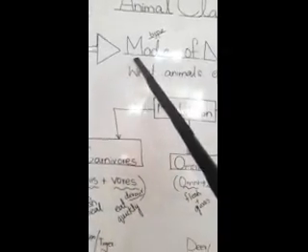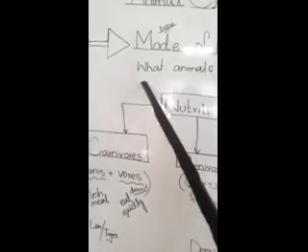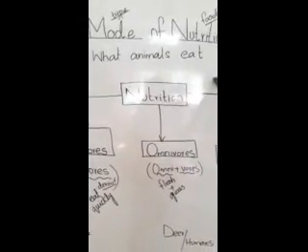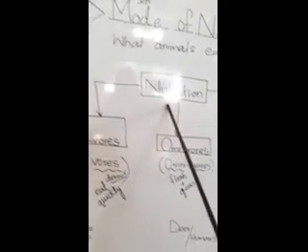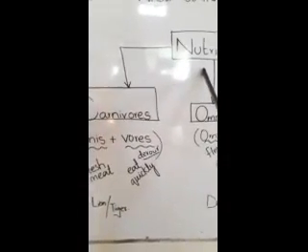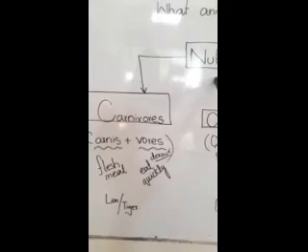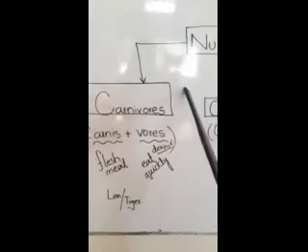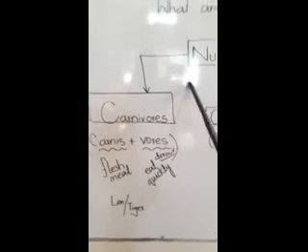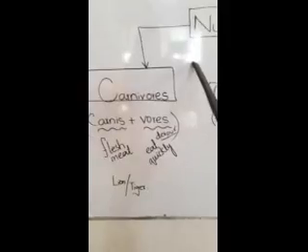So basically, mode of nutrition means what animals eat. On the basis of food or nutrition, we can classify the animals. First of all, keep it in your mind that human beings are also a type of animal. Don't be confused: human beings are also a type of animal.